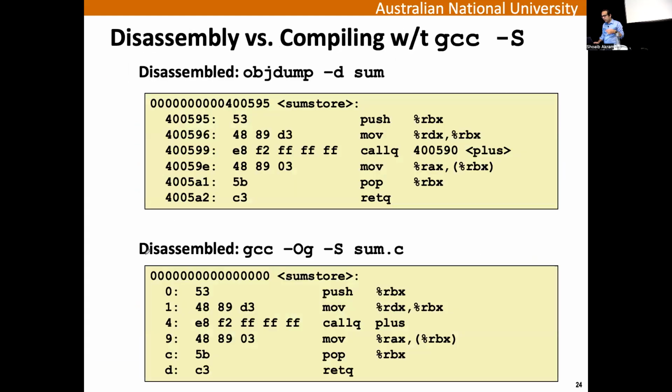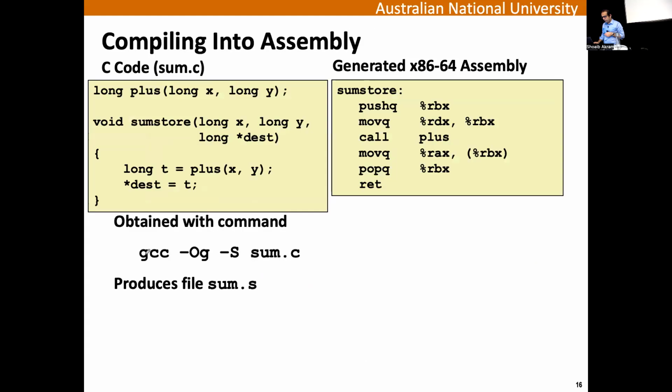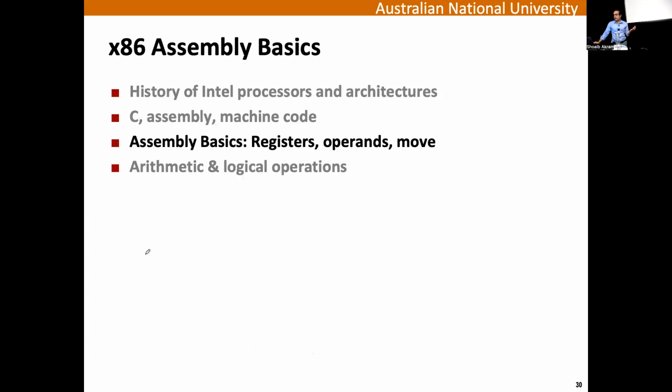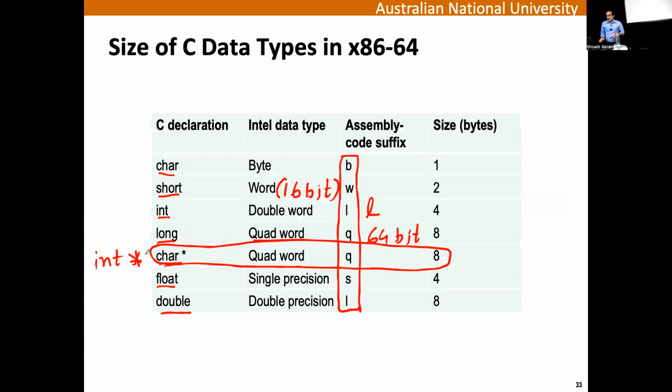Here you see call q, return q, move q. The q here tells the assembler that you are operating on quad words, 64 bits. This is the use of this table. And then floating point, we'll discuss that later. They can go up to 80 bytes.